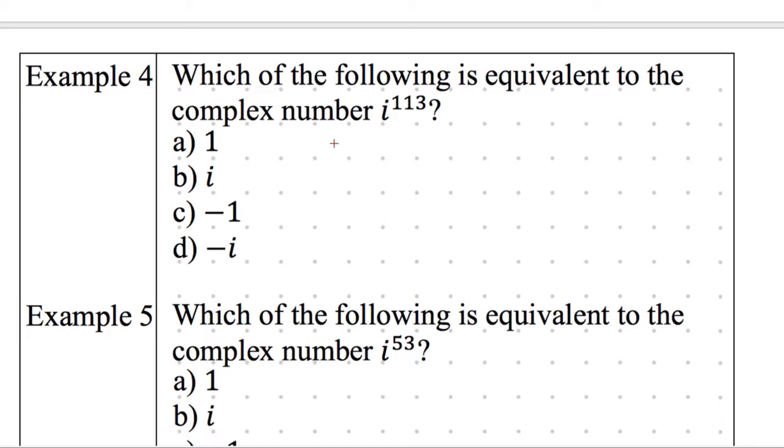Who's going to be doing it? Gio, go for it. So what I did was I divide 112 by 4. 112 is divisible by 4, is that what you mean? Yeah, so that's 23 times. So that means I had to multiply I to the power of 4 times I to the power of 4.